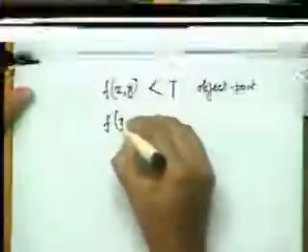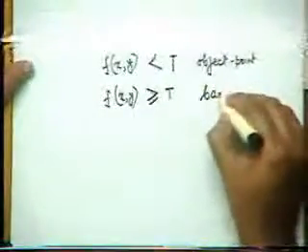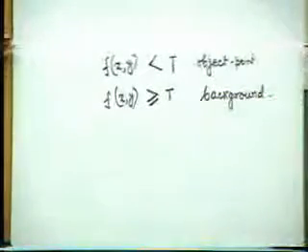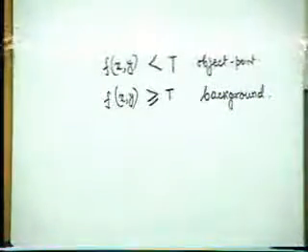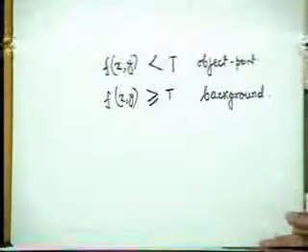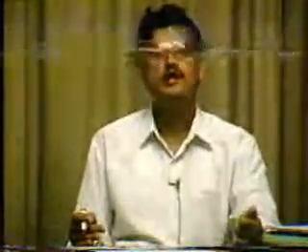That is to say, if f(x,y) is greater than or equal to the threshold T, then it is a background point. Of course, this is a very relative definition; one can have less than T as background and greater than or equal to T as object point.